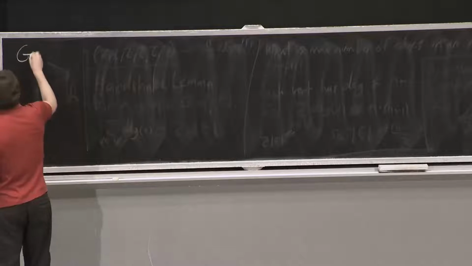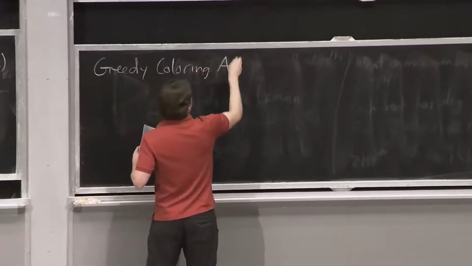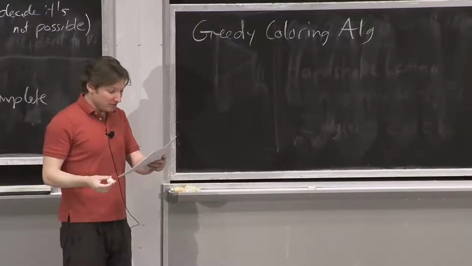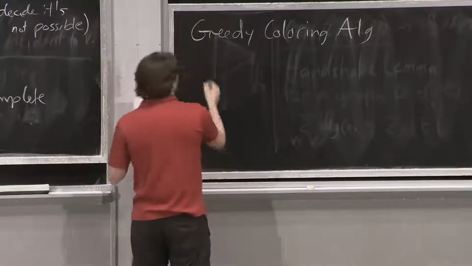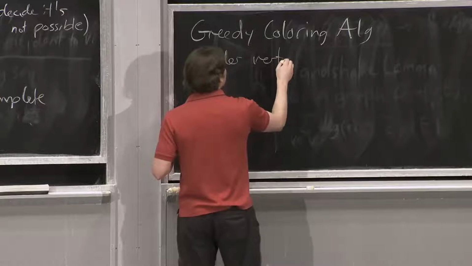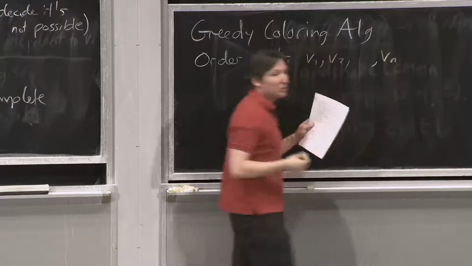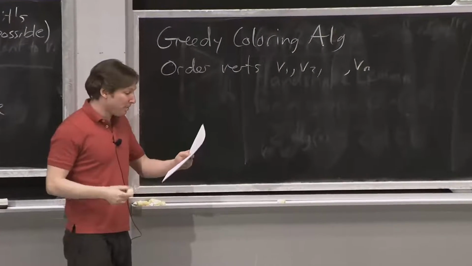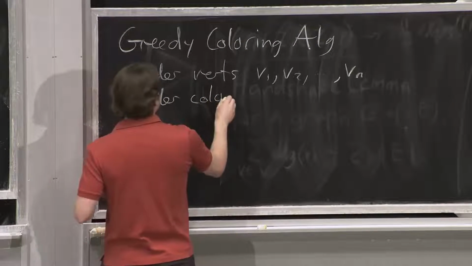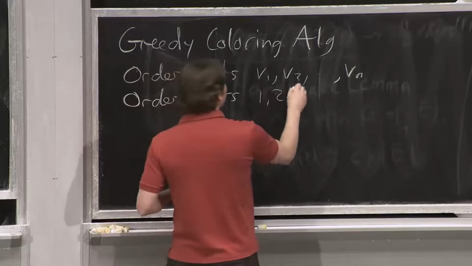So we have a greedy coloring algorithm. And here is the idea of the algorithm. First of all, we're going to order the vertices v1, v2, ..., vn. So we're going to pick some ordering of the vertices. We're going to order the colors. I'm going to use my favorite color palette, 1, 2, 3, and so on.